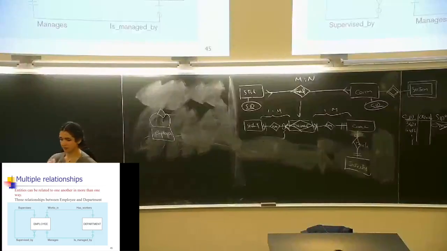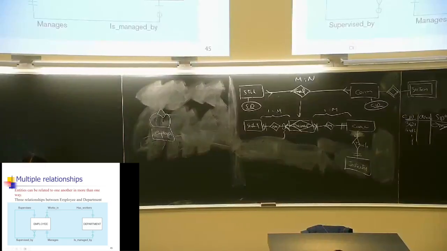But sometimes, like the example you see here, employee and department have two relationships. This is because in this example employees have different roles, right? Some of them are managers, leaders, etc.